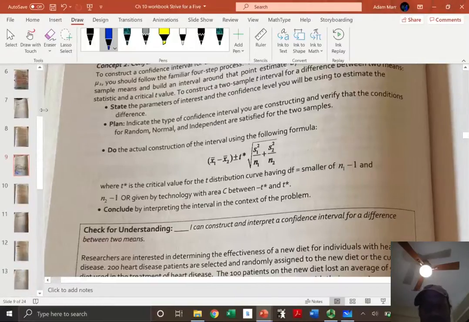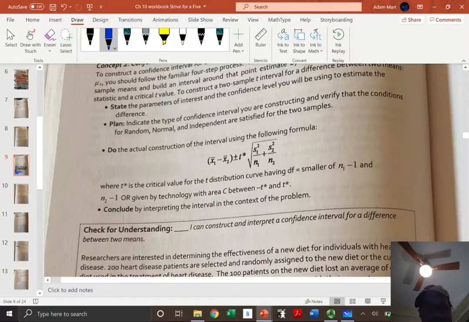This is the formula right here that gives you the sample mean 1 minus the sample mean 2 plus or minus t star, right? That has to do with whatever the confidence level is, t star, times the square root of the sample standard deviation squared over n sub 1 plus the second sample standard deviation squared over n sub 2.